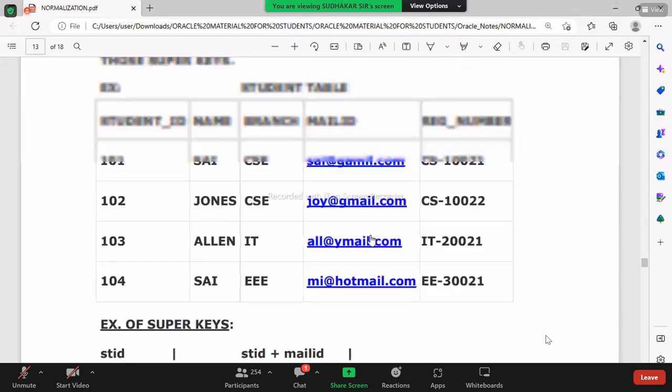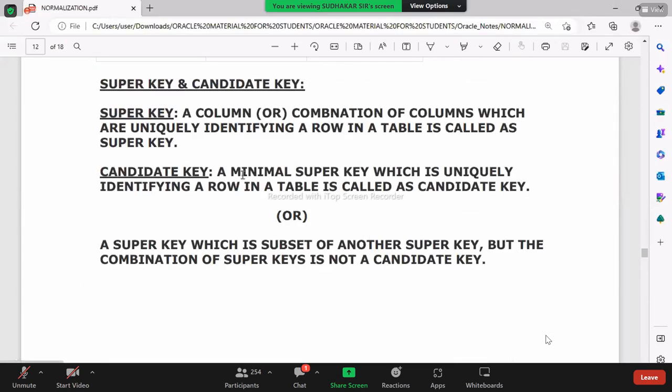Then what about the candidate key, sir? A candidate key is nothing but a minimal super key which uniquely identifies a row. Minimal means the least one, not an upper one.